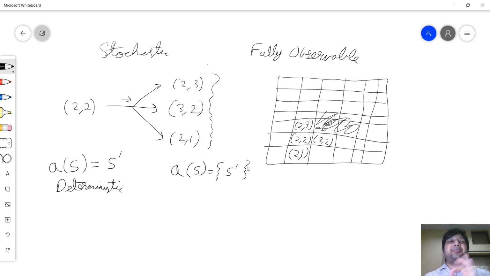Now, of course, if that was the only case, it was simple for me, but notice around here we have cycles. From 2, 2, I can go to 3, 2, I can go to 4, 2, I can go to 4, 1, I can go to 3, 1, and I can again go to 3, 2.